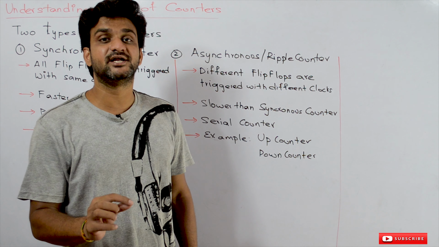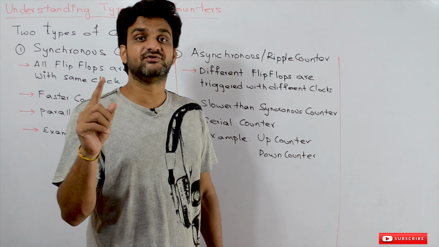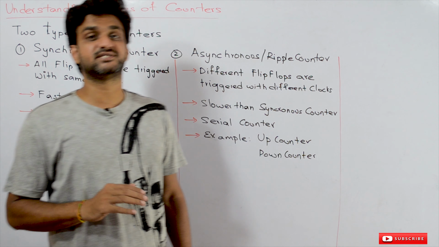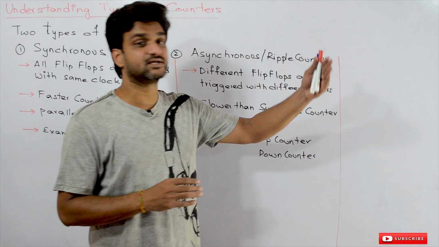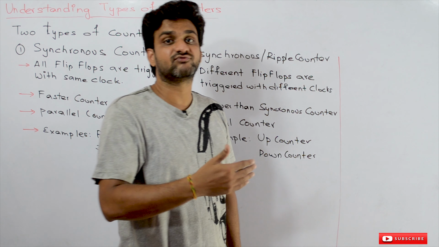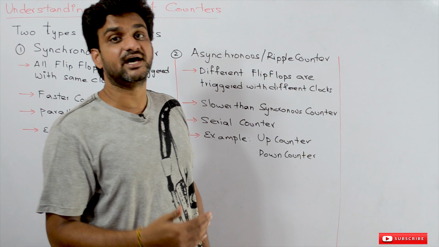If all the flip-flops have the same clock provided, then it is called a synchronous counter. If the clocks vary from one flip-flop to another, so the first flip-flop has one kind of clock and the second has another clock, that is what we call an asynchronous counter.